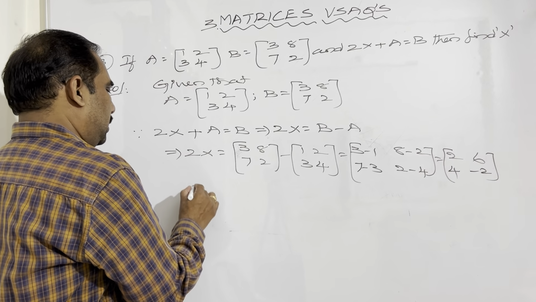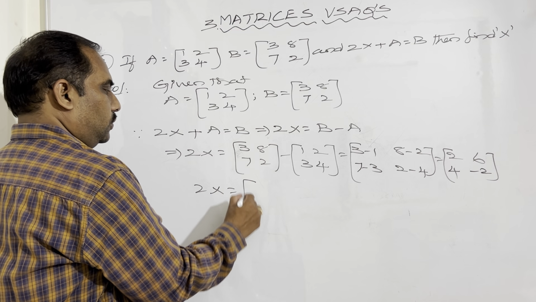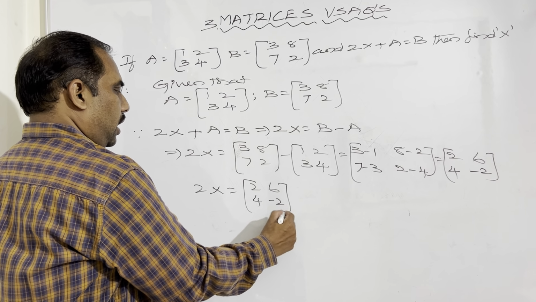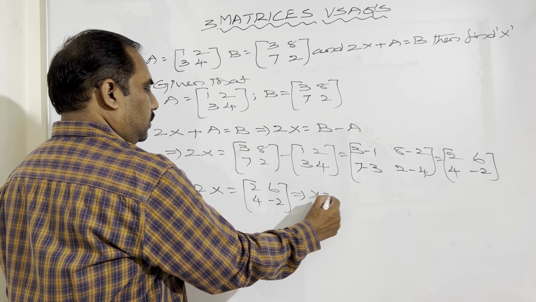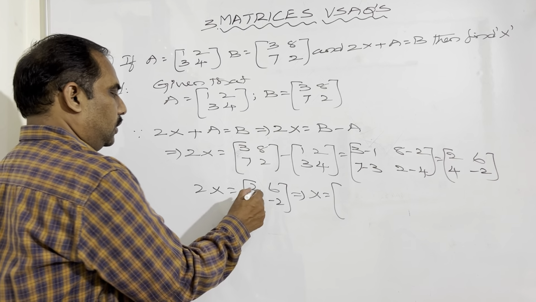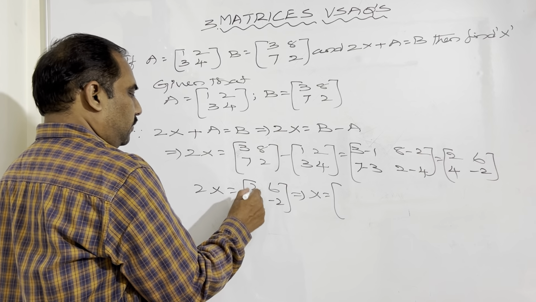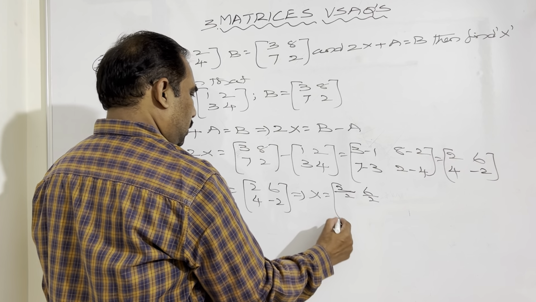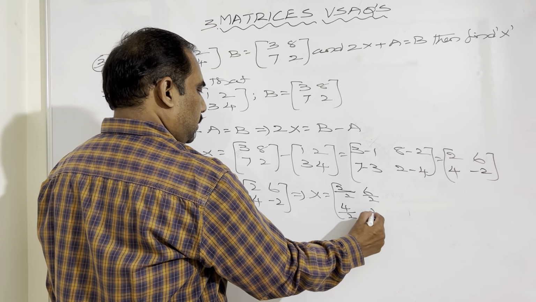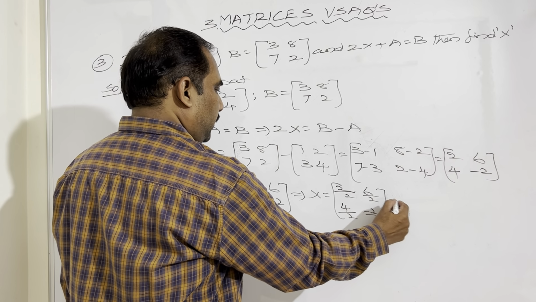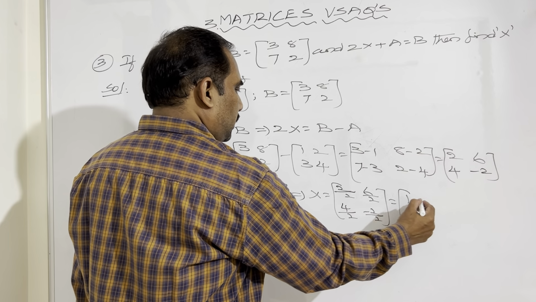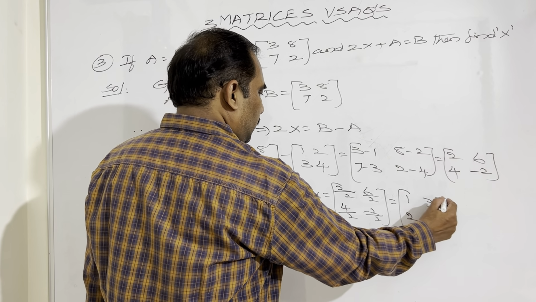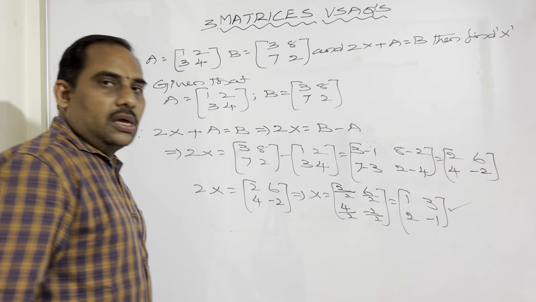So 2X is equal to the matrix 2, 6, 4, minus 2. To get the value of matrix X, divide every element by 2, that is 2 by 2 and 6 by 2, 4 by 2 and minus 2 by 2. Finally we get 1, 3, 2, minus 1, which is the matrix X.